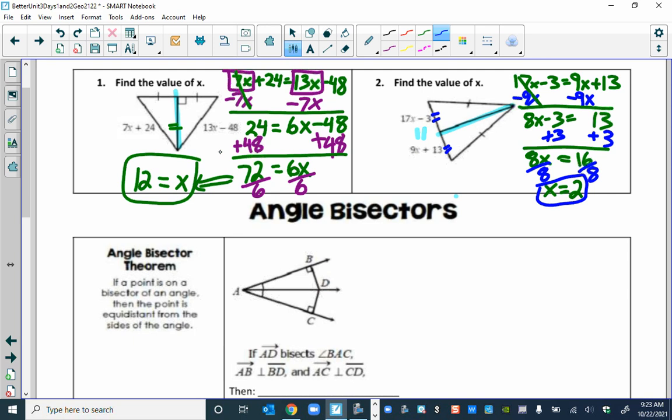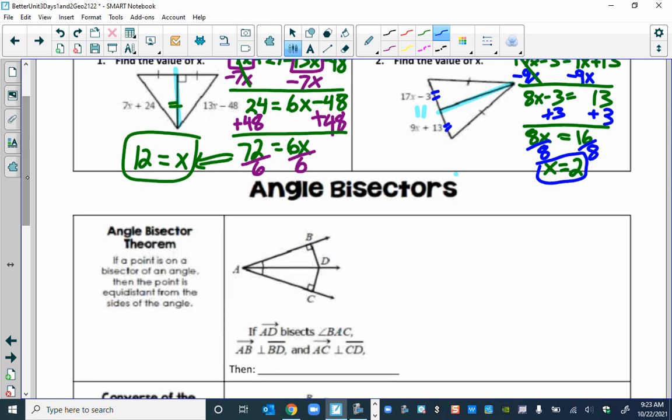So basically what's happening with the angle bisector is the same idea. When you're bisecting the angle, they're basically saying that these sides right here, BD, DC, are going to be congruent. It's basically just going back to the mirror idea. There's your mirror right here.